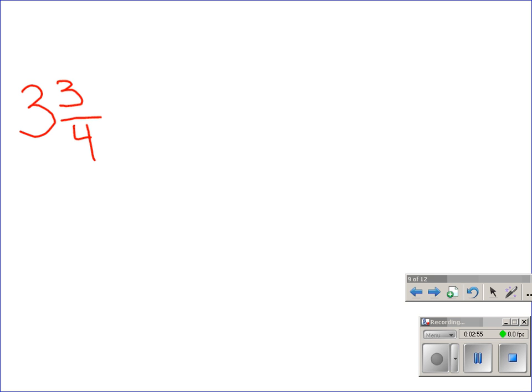Then you need to make that into an improper fraction by multiplying the whole number of 3 by 4, which equals 12.